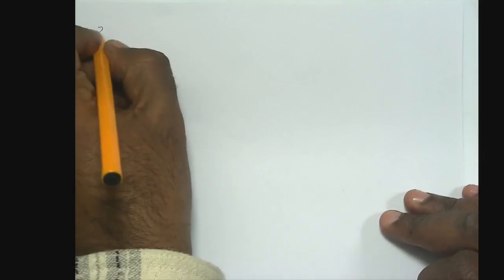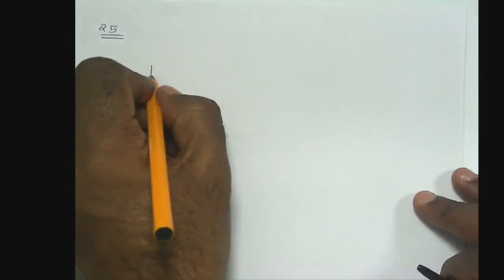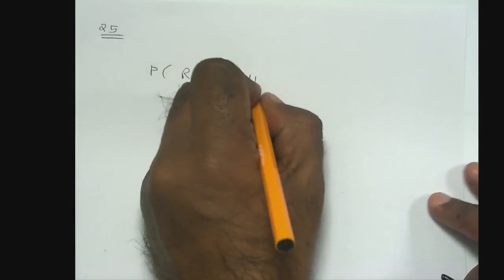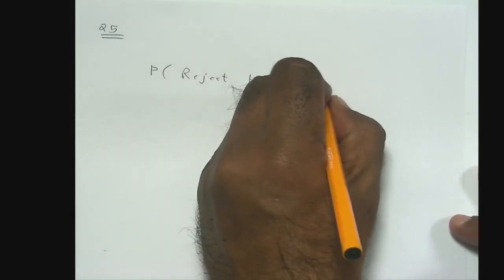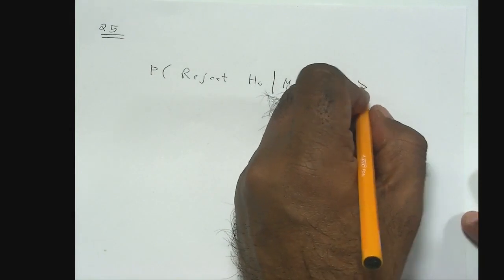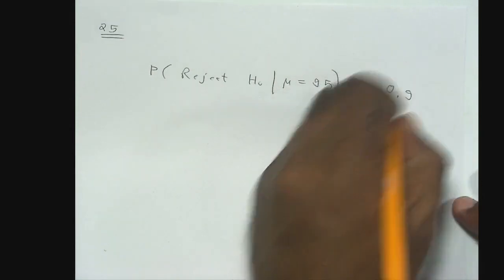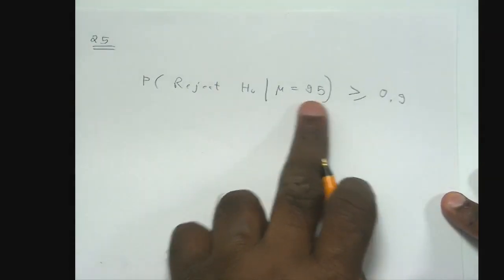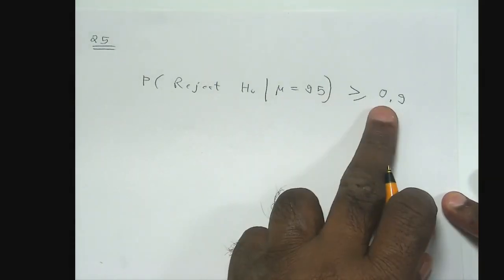I'll give you a hint on how to start question 5, guys. What you must realize is that it's asking for the probability that you reject H0 given that mu is equal to 95 to be at least 0.9. This is what the question is asking you. The probability that you reject the null hypothesis given mu is 95 should be at least 0.9.